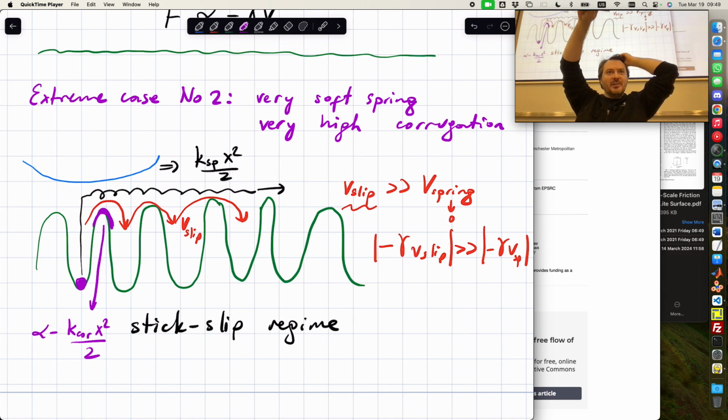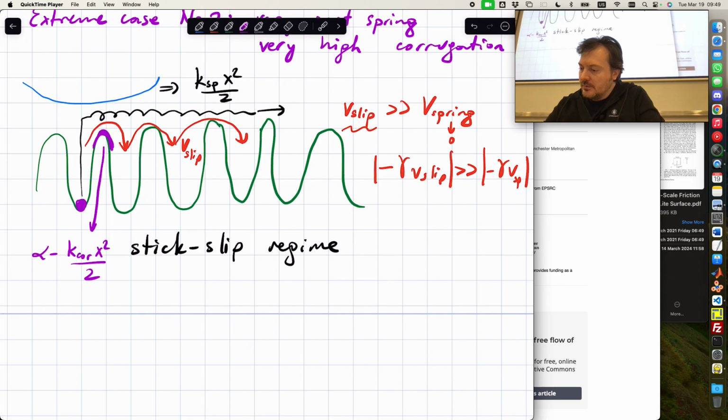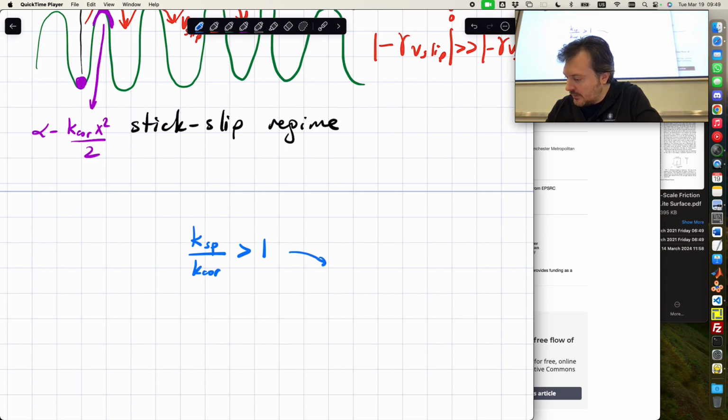You don't agree because it's a sine? I just get tired of this. Okay, no, but it works, right? It works everywhere. So if K spring over K corrugation is larger than 1, then you are in what regime?